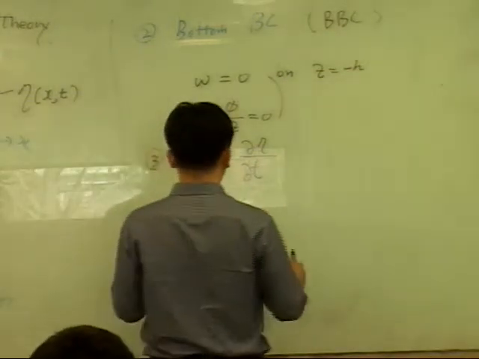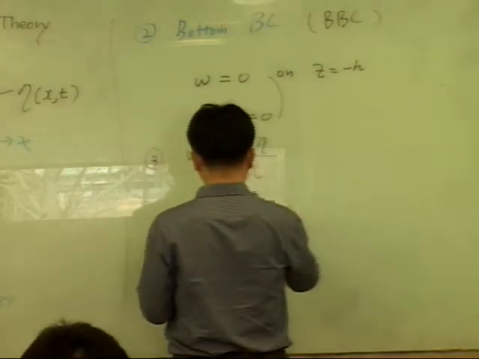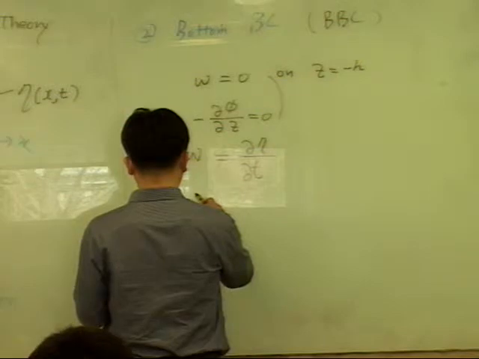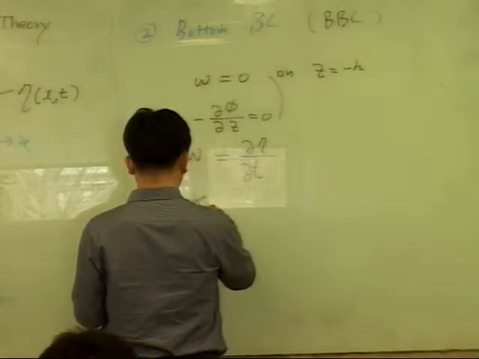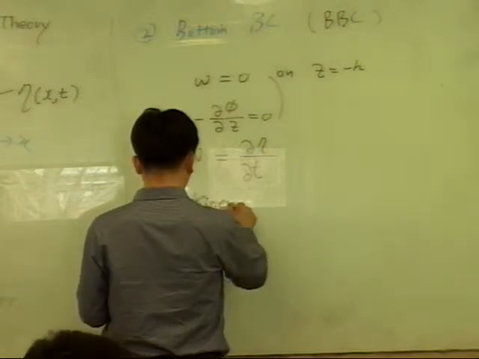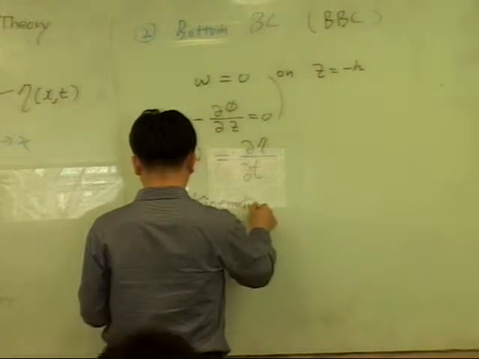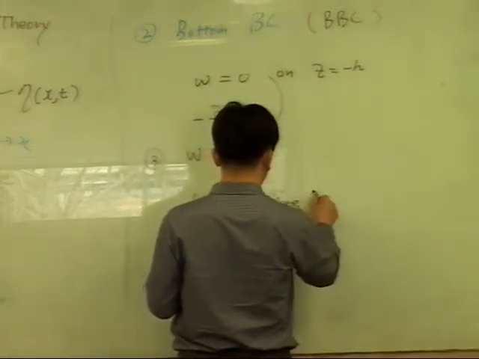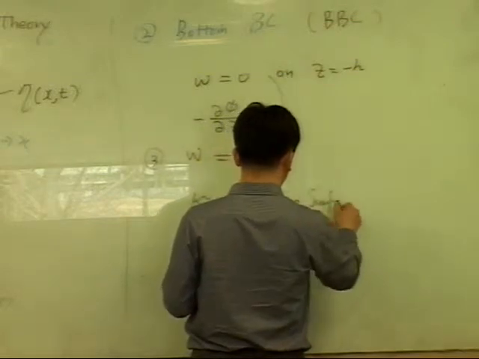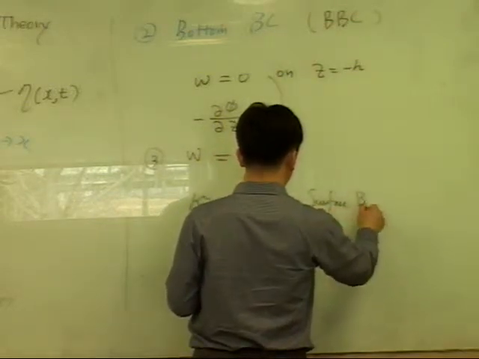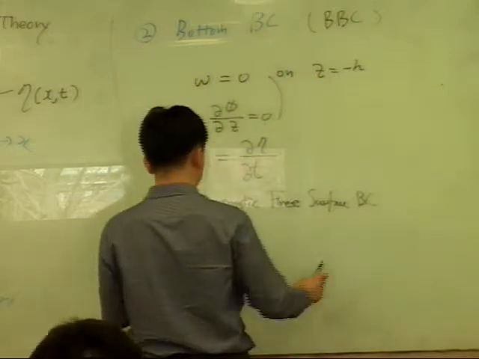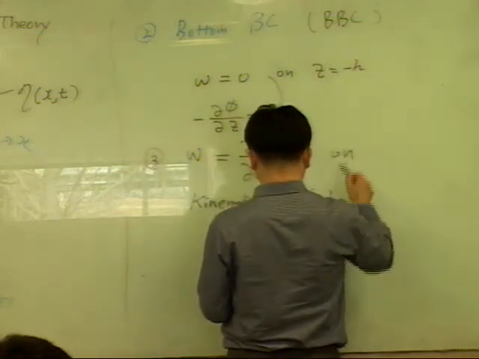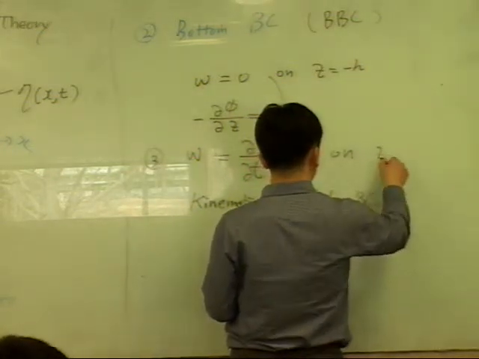And this is named the kinematic free surface boundary condition. Okay? On g equals 0.